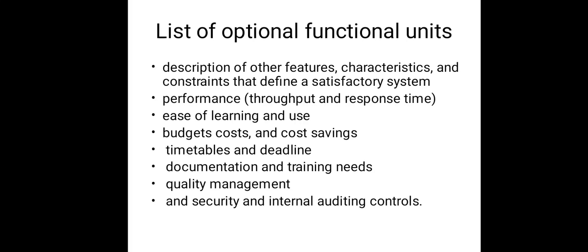Examples of these optional functional units would include performance, throughput and response time, ease of learning and use, budget, cost and cost saving, timetables and deadlines, documentation and training needs, quality management, and security and internal auditing controls.